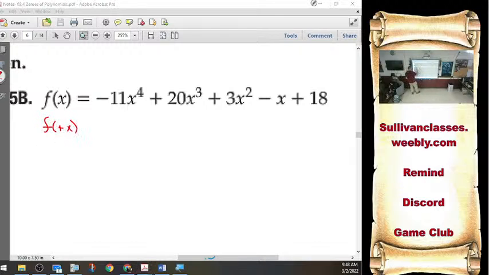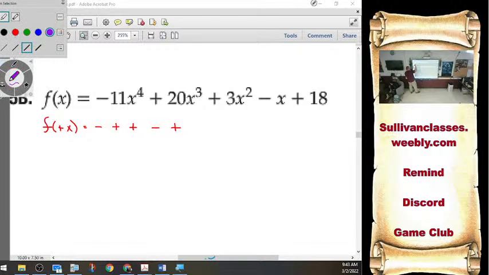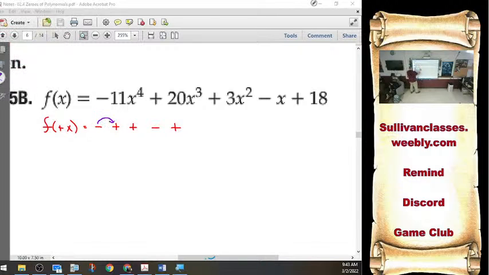So, if I put in a positive x, it is what it is. Negative, positive, positive, negative, positive. I count my sign changes. 1, 2, 3. So, there are 3 or 1 possible positive real zeros.